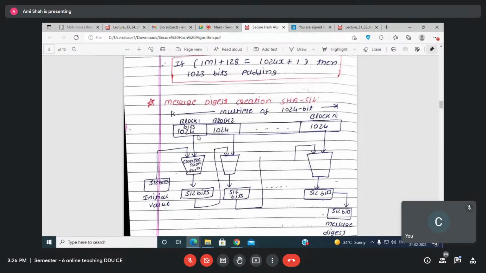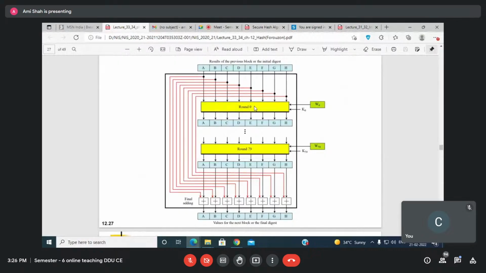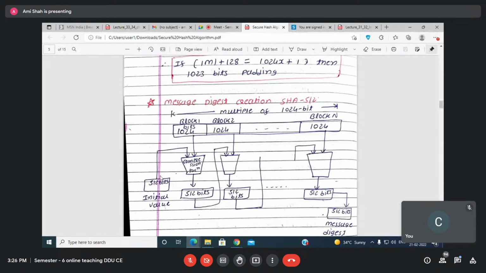Block 1 has total 16 words. There is an initial value, and when round 0 to round 79 are performed, after the 80th round you are getting these 512 bits. All of you know that, right?